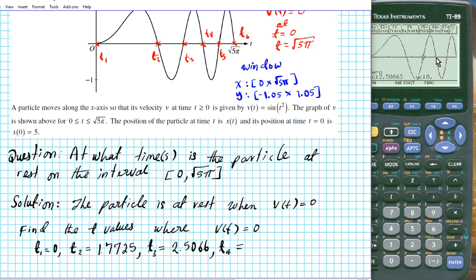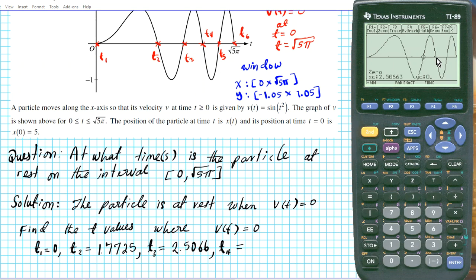So this is the 0 that we're looking for now. Okay. Now to do that, we're just going to follow the same procedure. Press F5, 0. Move your cursor to a point slightly to the left of the desired 0. Press enter. Arrow points towards the right. It asks for the upper bound. Move your cursor to a point slightly to the right of the desired 0.